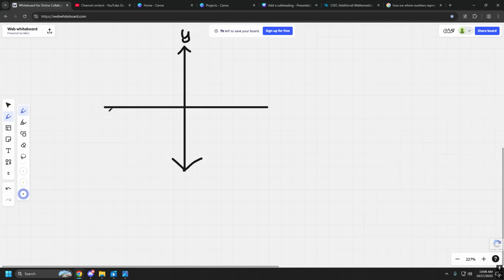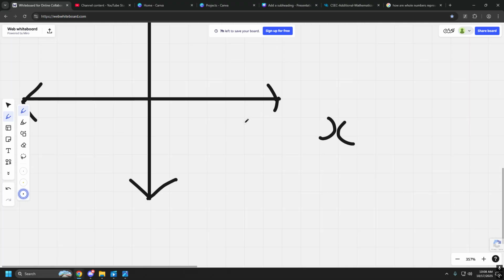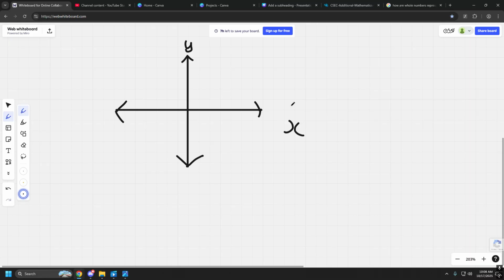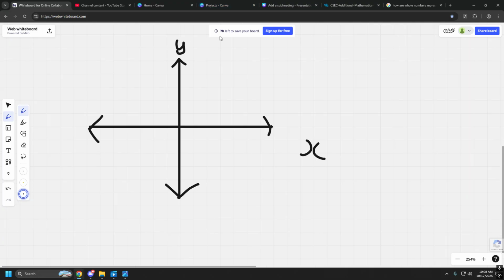So we have the y-axis, then we have the x-axis. Oh, this is a complex plane, right? We can say that the horizontal axis represents real numbers, like 1, 2, 3. You get the gist.